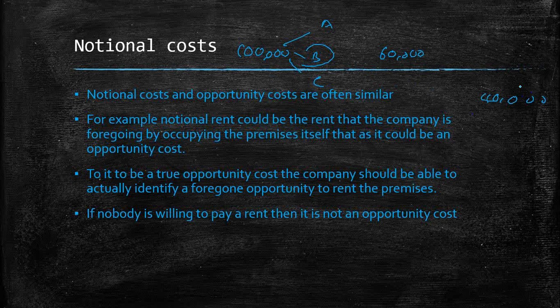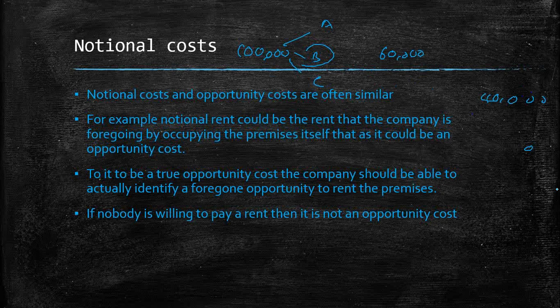But on the other hand, let's assume even if you shut down, you still have to pay the 100,000 rent. Although you shut down, you can't split the organization, you have to still pay the 100,000 rent. In that case, the relevant cost is 0, because you are not going to save anything.